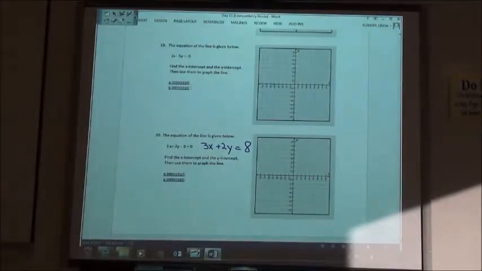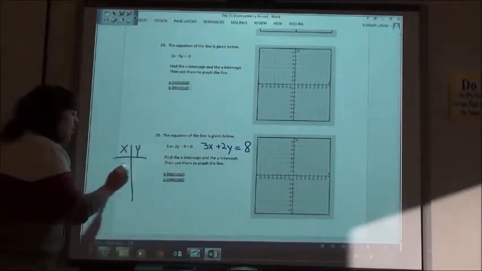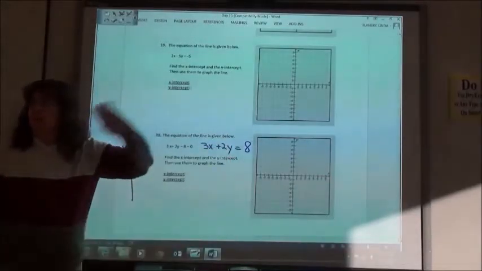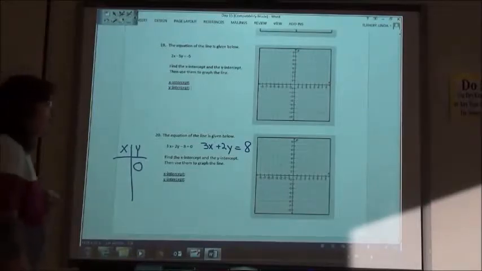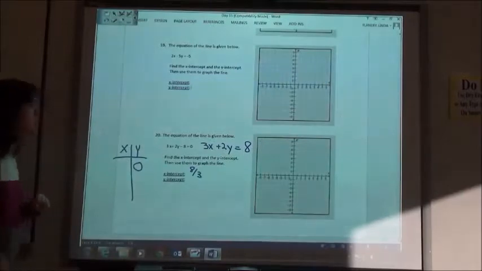Now it's in standard form and I can find my x and my y-intercept. So for my x-intercept, y is 0. If I get rid of the y term, my x is going to equal 8 over 3.